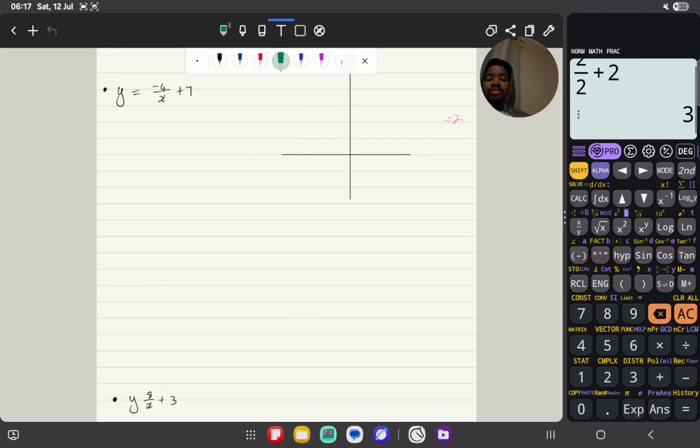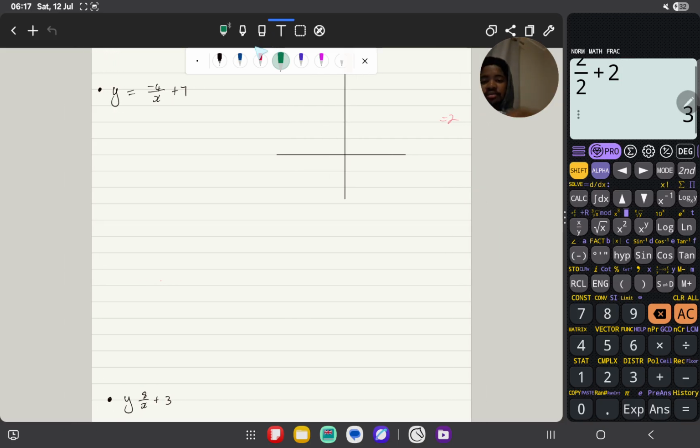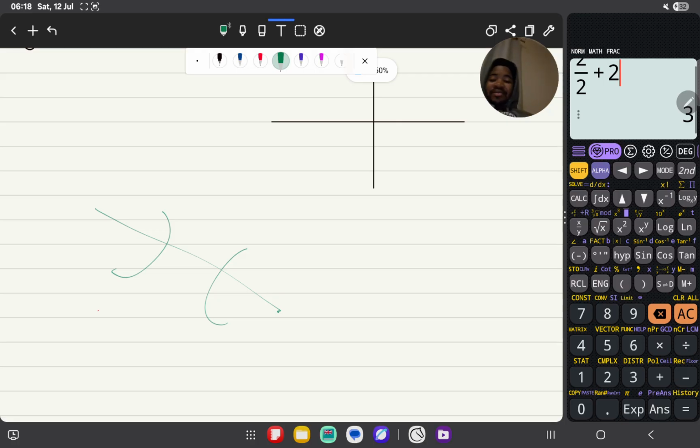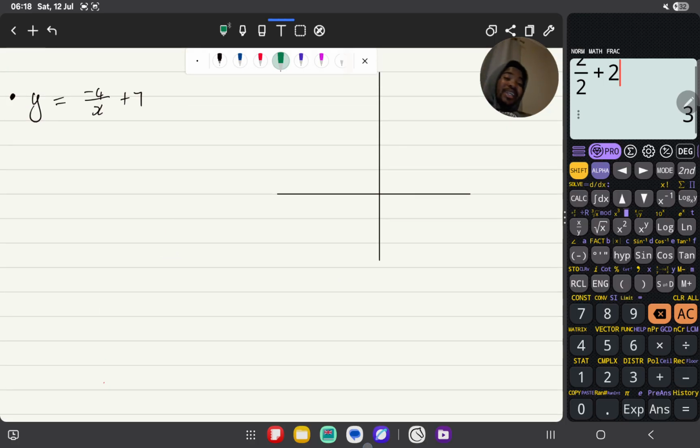So here, the thing is, you have a negative value of a. Our a is negative, so we are expecting something that is going to be like this, and when we draw a straight line, we have a decreasing function, decreasing gradient.